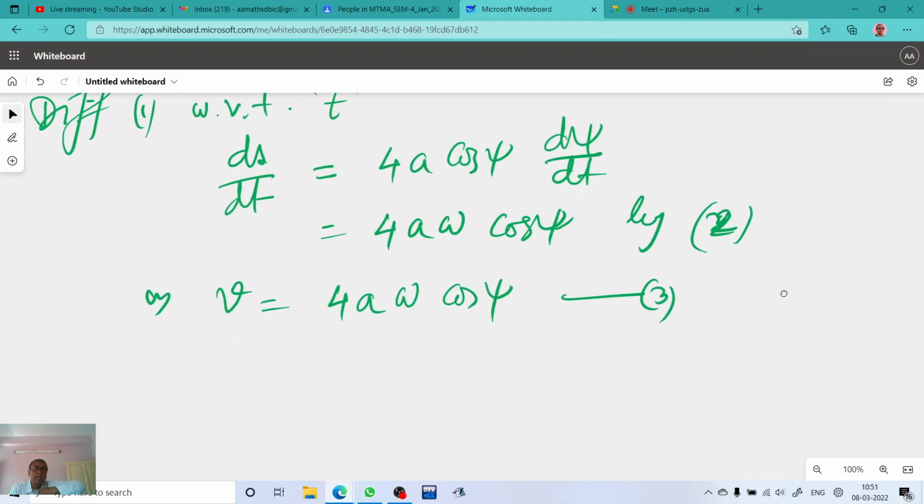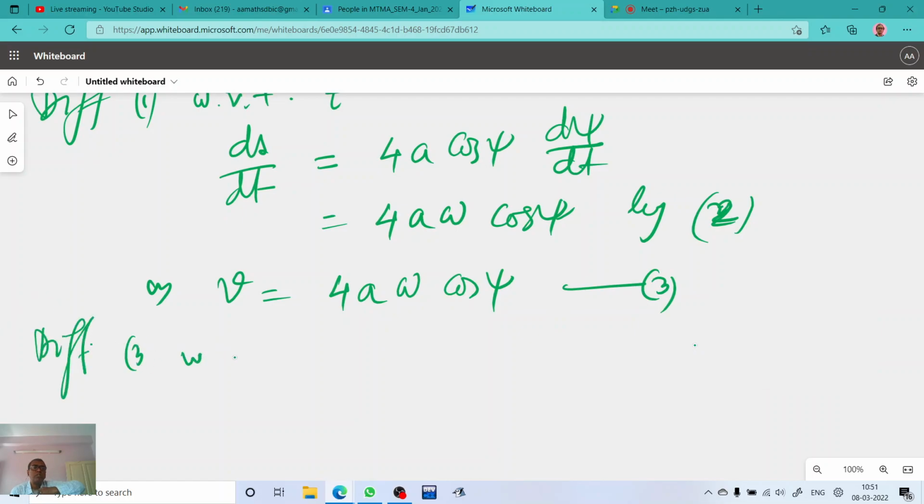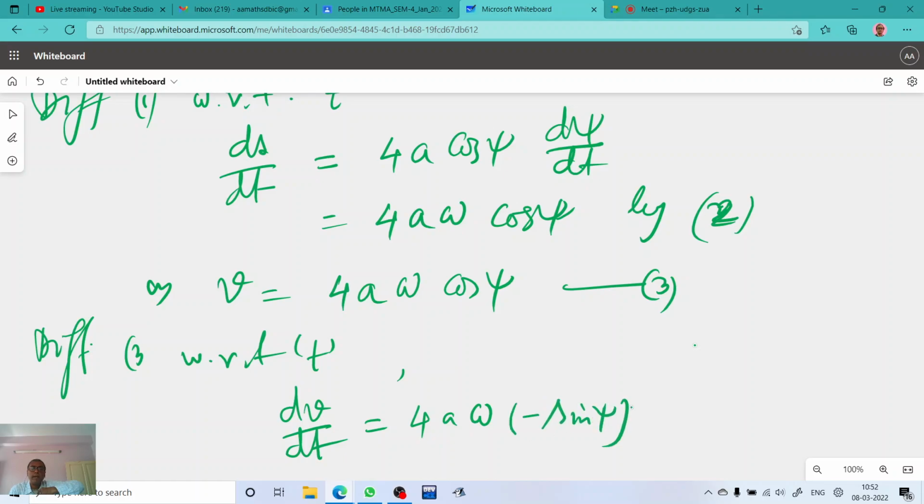Now again differentiating 3 with respect to t, we get dv/dt equals to 4a omega cos psi derivative, minus sine, so minus sine psi into d psi/dt.